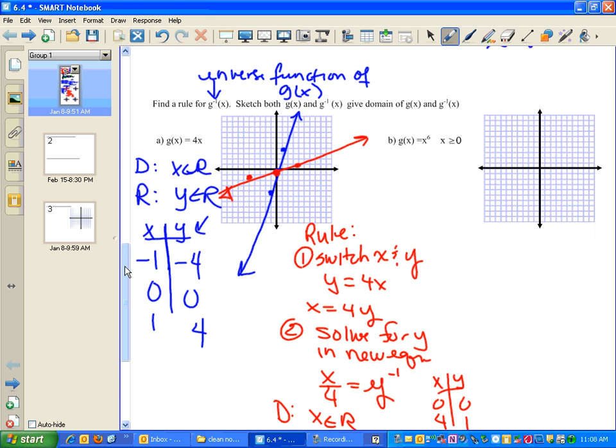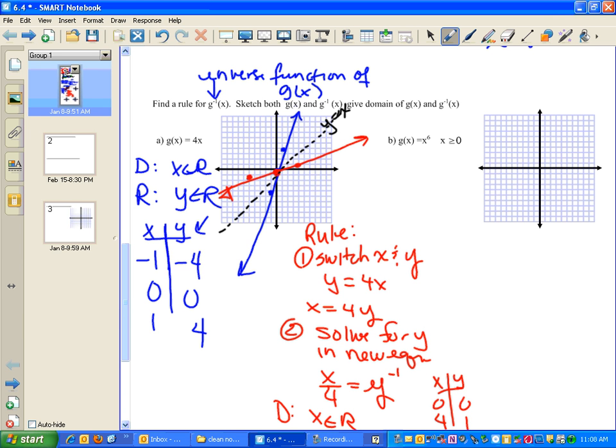Okay, the inverse is a reflection of your graph over what line? The x-axis? What did you switch? So it's a reflection over the line y equals x.